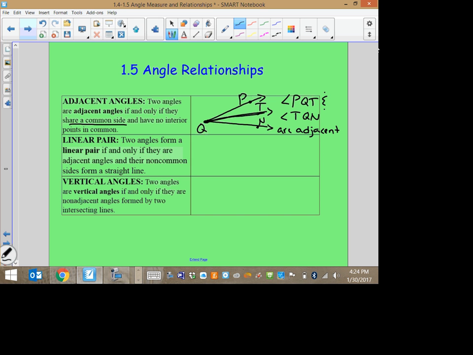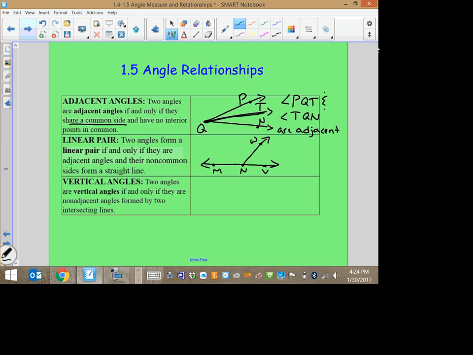A linear pair, two angles form a linear pair if and only if they are adjacent angles and their non-common sides form a straight line. So they have to be adjacent, but they also have to form a straight line. So if we have a straight line, let's say we have M, N, and V, and then we want adjacent angles out of this. So that would be drawing a ray.